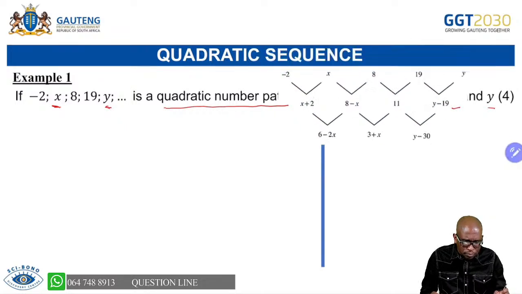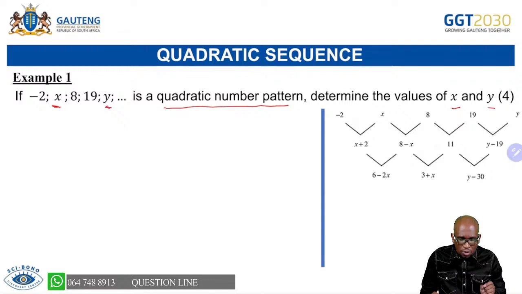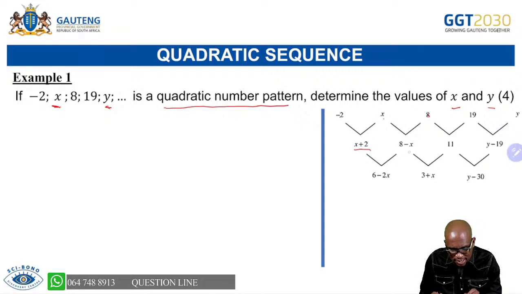Now let's see. We took the pattern as it is, and we've worked out the first differences: x minus 2 gives us x plus 2, 8 minus x gives us 8 minus x, 19 minus 8 gives us 11, and y minus 19 gives us y minus 19.